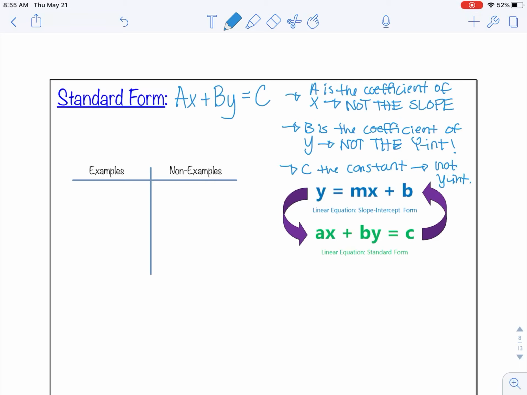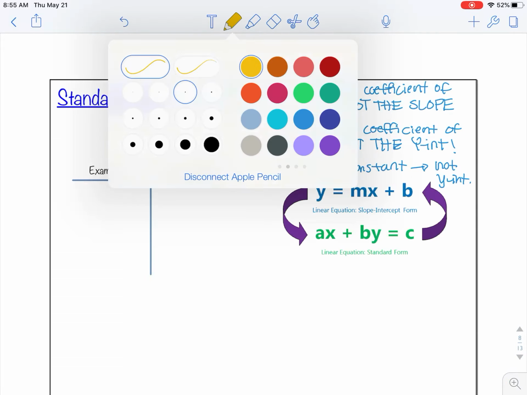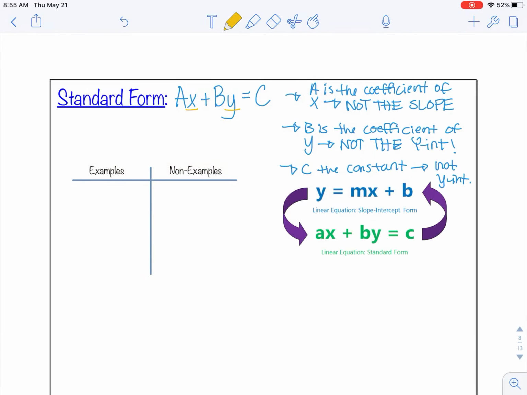None of these things mean anything until we do math. Okay? None of these things mean anything until we do math. The only thing that means anything is this X and this Y can form together to make a point, X comma Y.